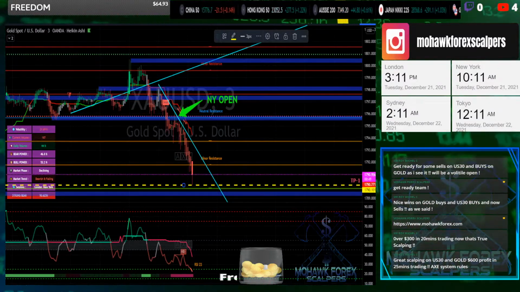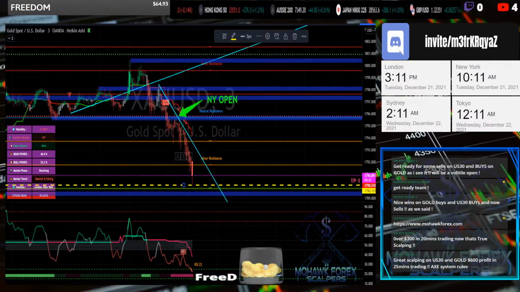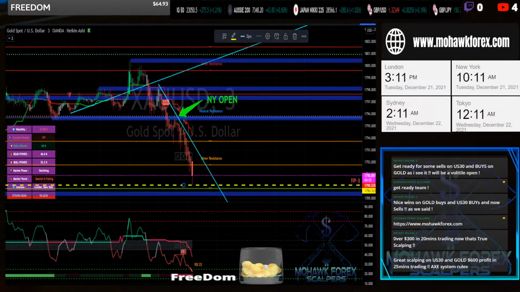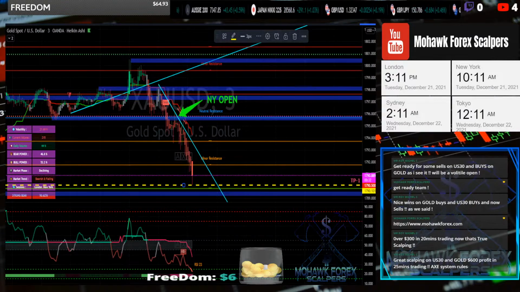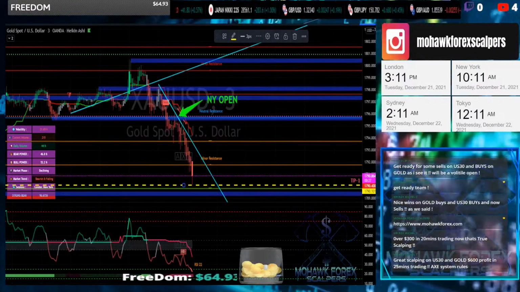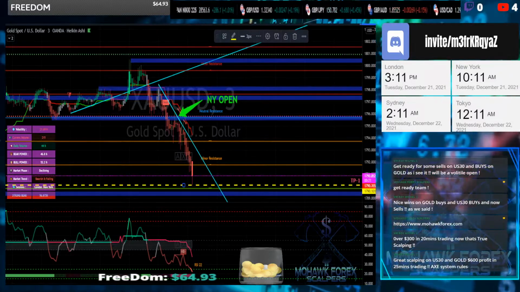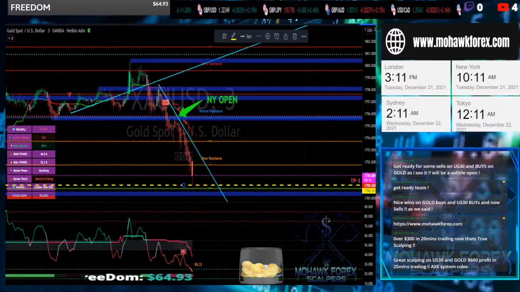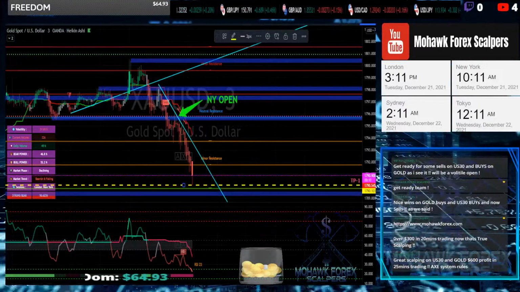We'll just watch this before we end the live stream. I just want to see how this plays out. It's quite an interesting trade to see. Oh, looks like it wants to push a bit lower. It's quite good.